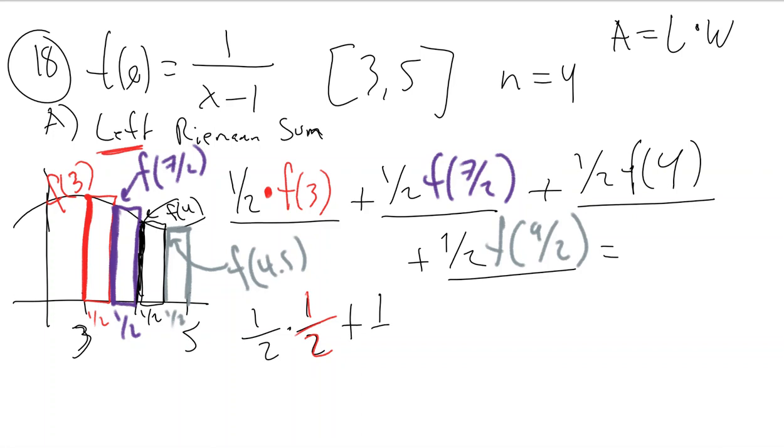Over here, if we plugged in 7/2 up here, 7/2 minus 1 would be 5/2, and 1 divided by 5/2 would be 2/5. You're okay with that arithmetic? Yeah. Okay, then rectangle 3, width times length, f of 4, plug 4 into the function, you would get 1/3.